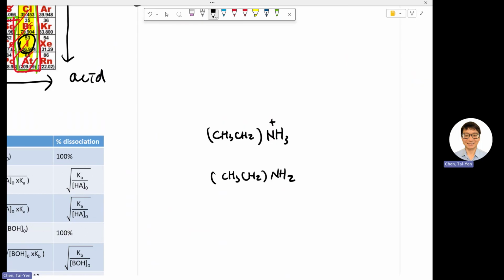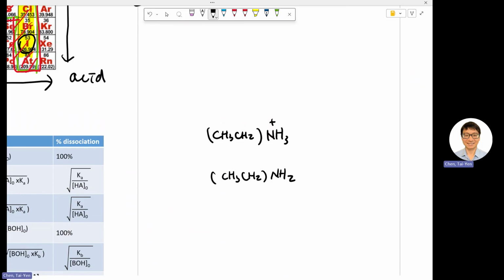Therefore, students always get confused. When they see this, they don't know if it's acid or base. That's why this one is the number one thing that CHEM1312 students fail to comprehend. I hope that you got to understand the differences between the top and bottom one, where the top one is an acid, bottom one is a base. Very, very important.